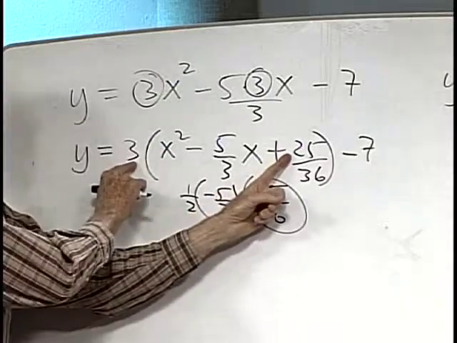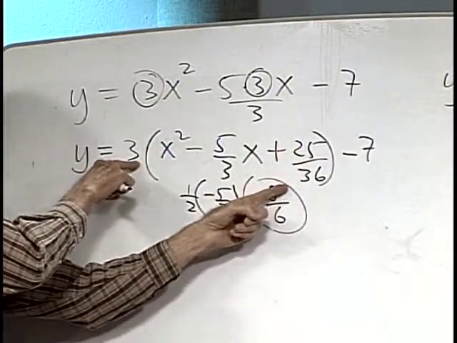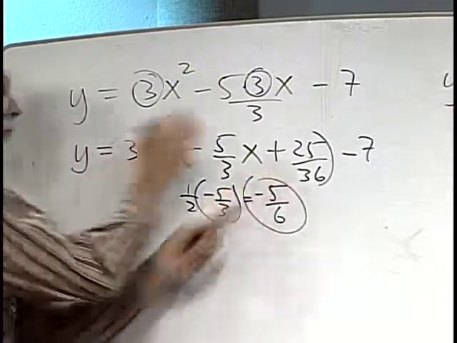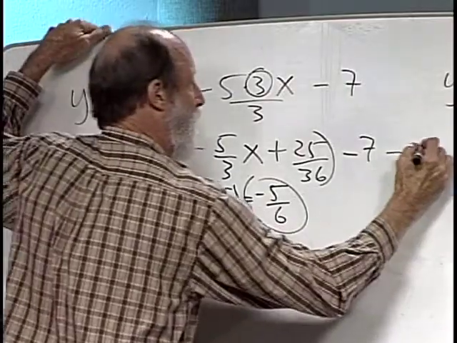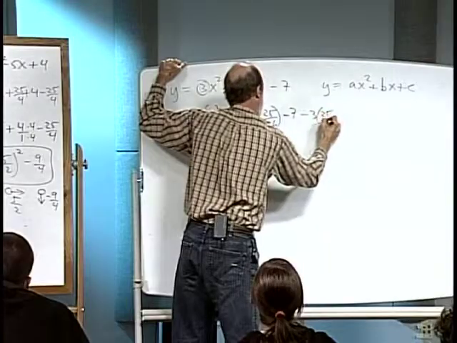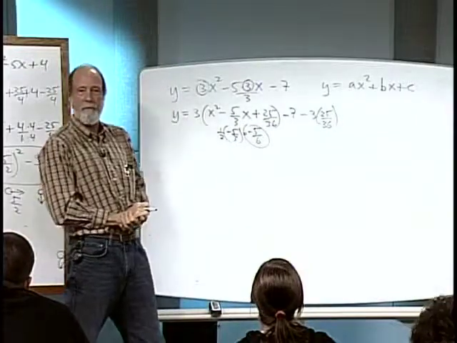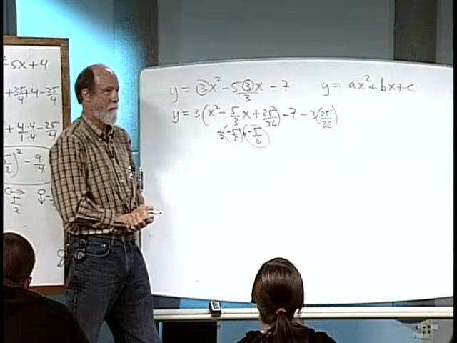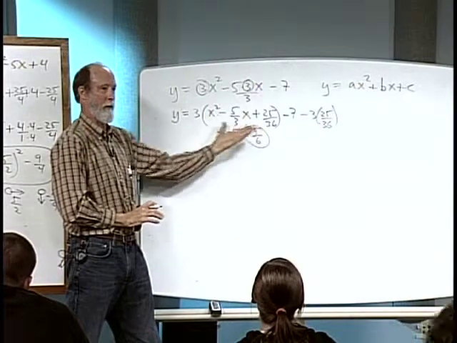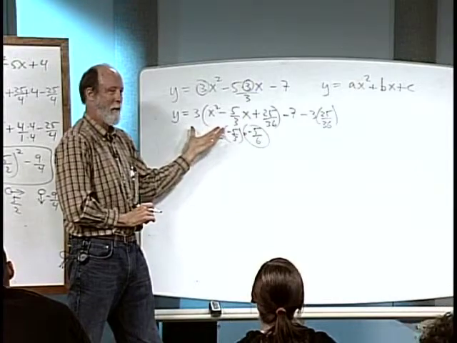I've added actually 3 times 25 over 36, haven't I, to the right side? So I need to subtract off that 3 times 25/36, right? And you go, boy, this is getting pretty messy. But it's just arithmetic, isn't it? But we all oftentimes have trouble with it. Everybody feel good?